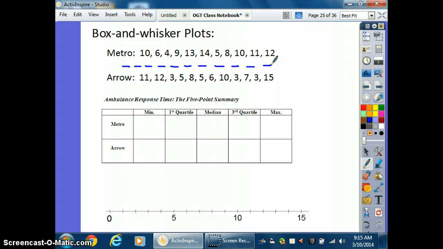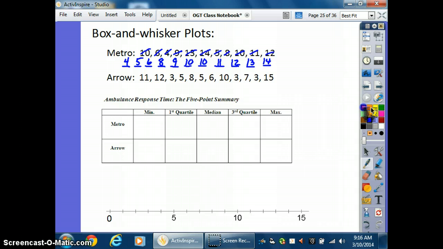I think it goes, there's a 4, a 5, a 6, then there's an 8 and 9. Okay, and then there's a 10 and another 10, and then an 11, 12, 13, and a 14.